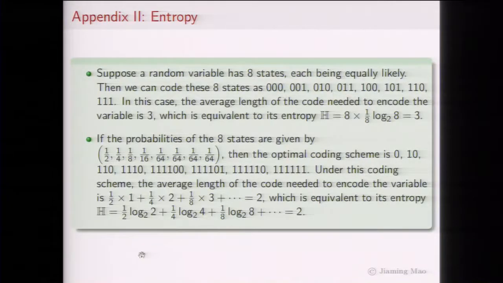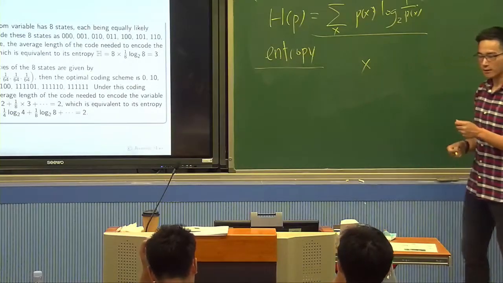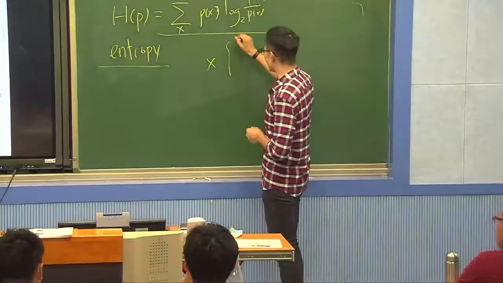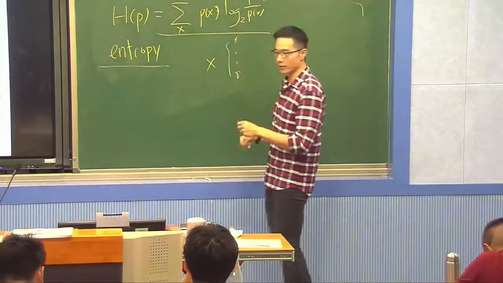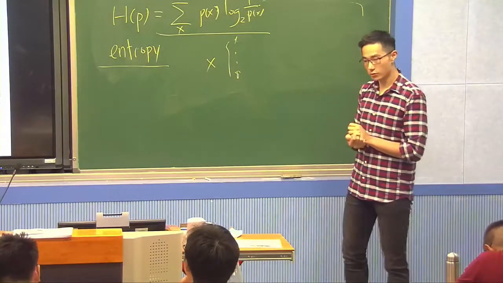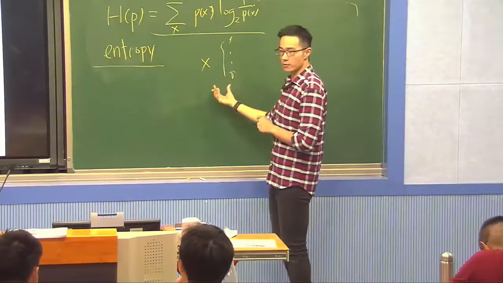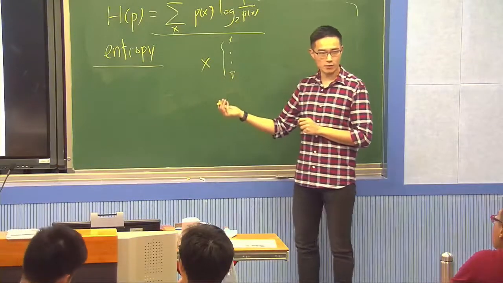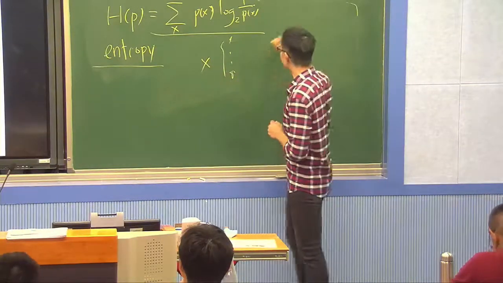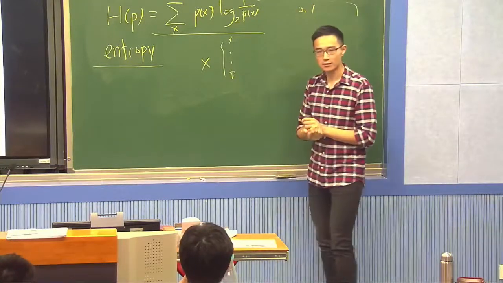Suppose I have a random variable x. This x has 8 different values. There are 8 different states, 1 to 8. Remember, when we're using computers, we want to encode them into bits, 0 and 1 bits, right?